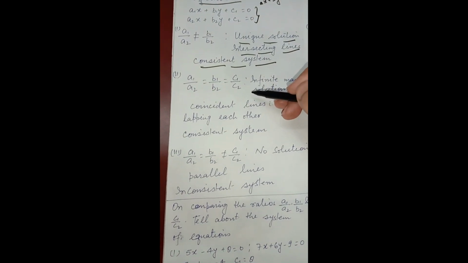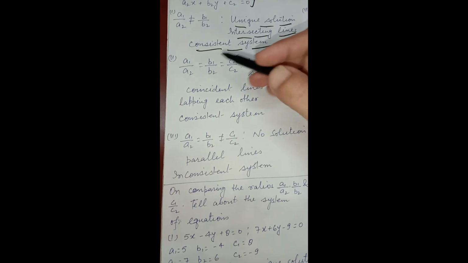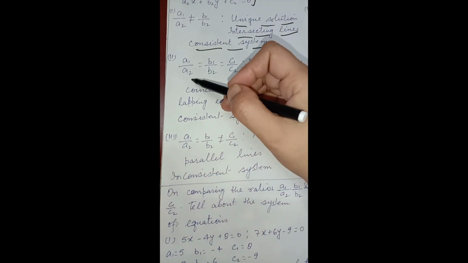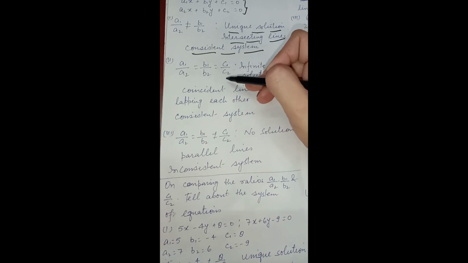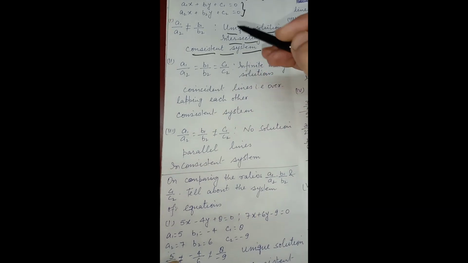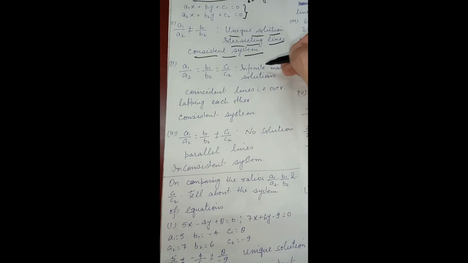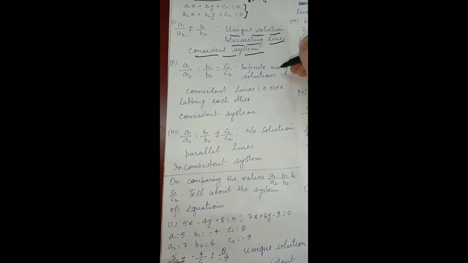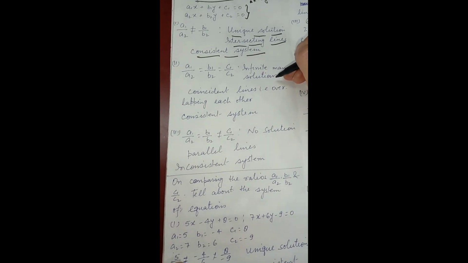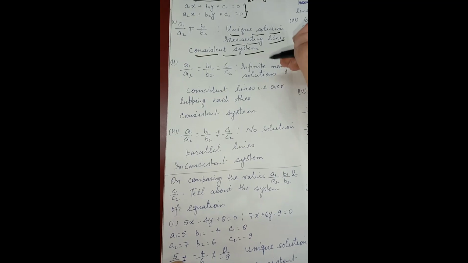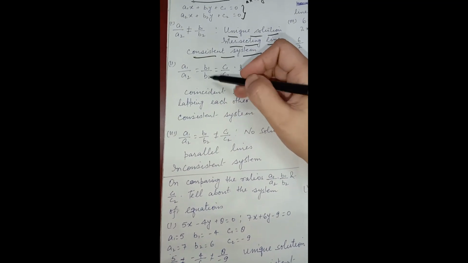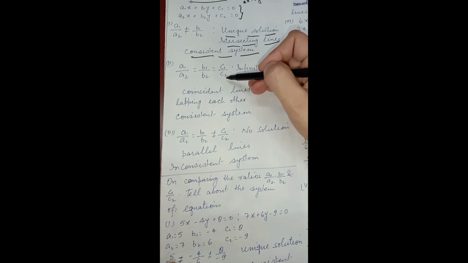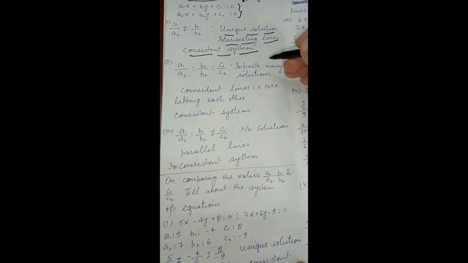Now next, if a1 upon a2 equals b1 upon b2 equals c1 upon c2, then in that case we'll have infinitely many solutions.